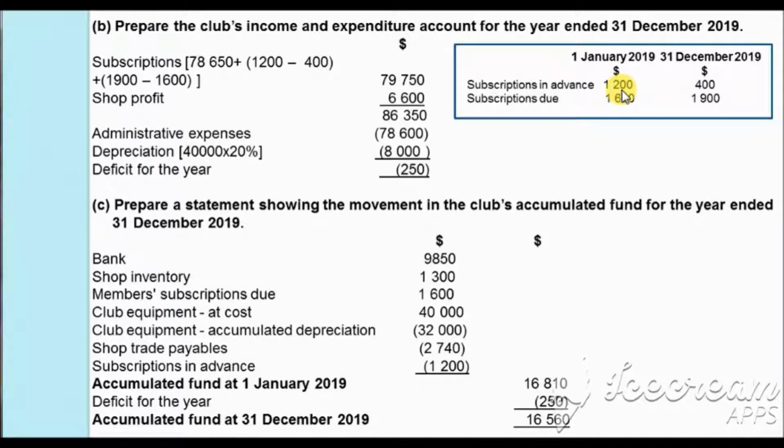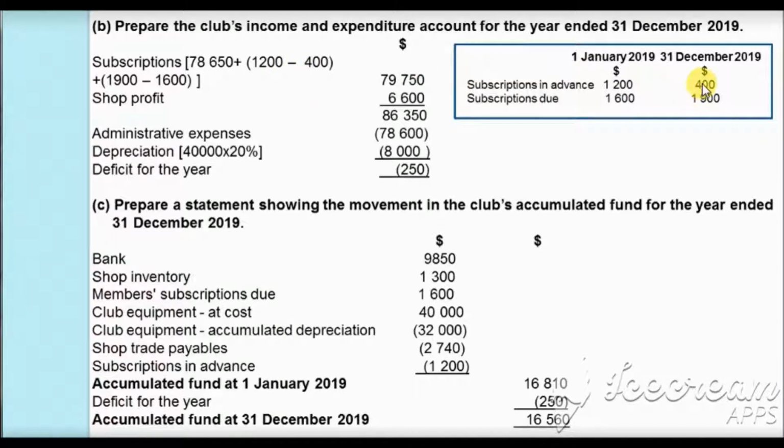So as this was the advance paid in 2018, it was the subscription for the period of 2019, and as we are making the income and expenditure account for 2019, this should be added.